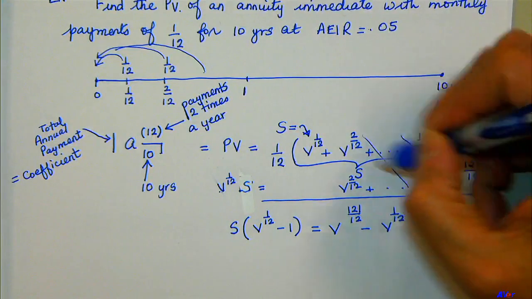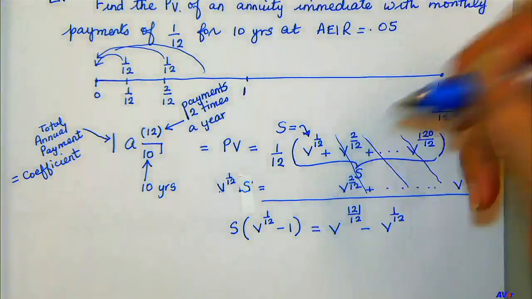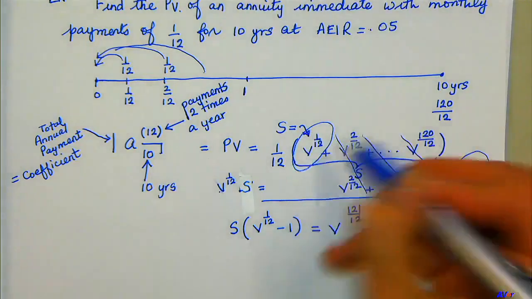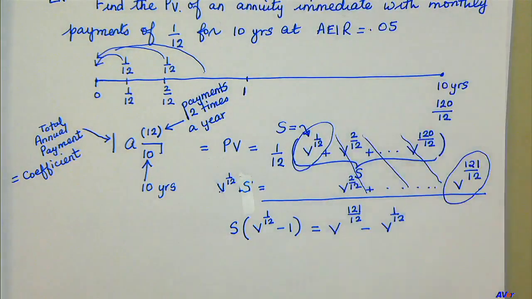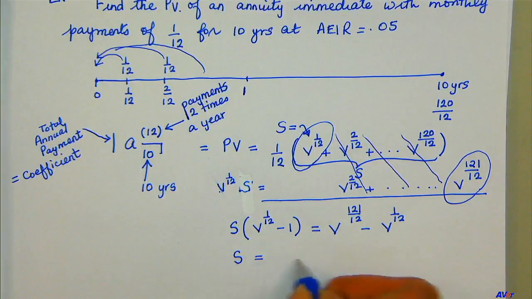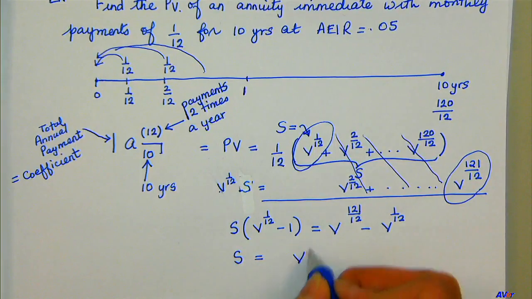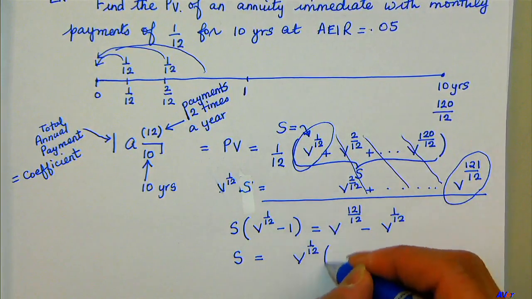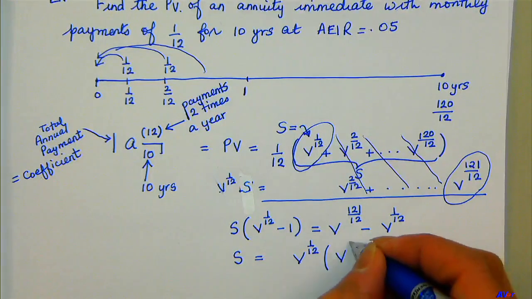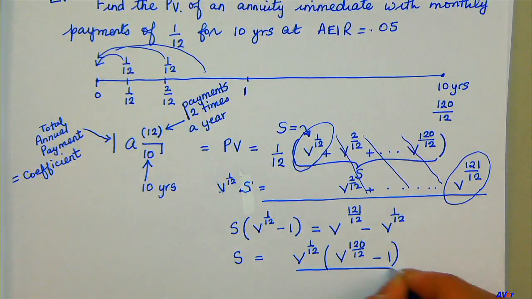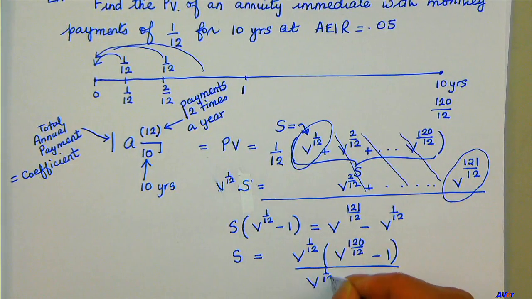Drop, drop, drop. The only ones left are him and him. And I'm subtracting the first one from the second. So this is what I get. So therefore S is equal to V to the 1/12. I'm factoring out a V to the 1/12 on the numerator here. V to the 120 over 12 minus 1 divided by V to the 1/12 minus 1.